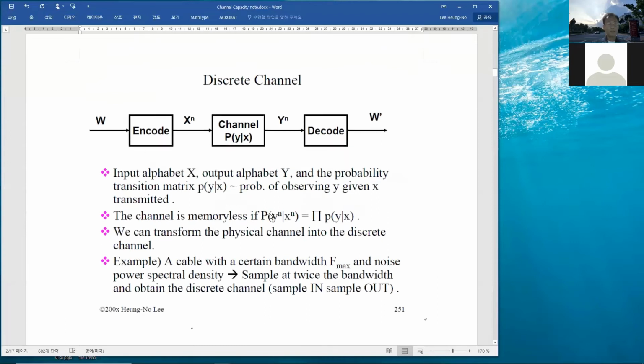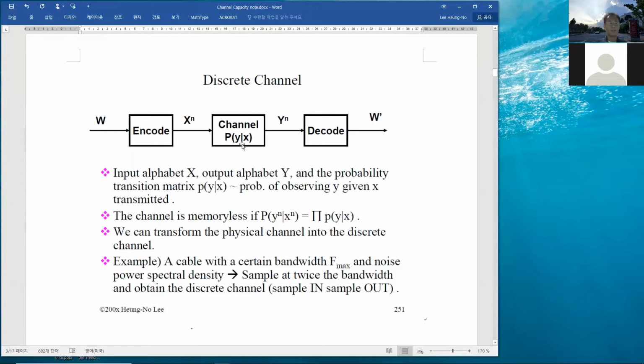Okay, so I talk about the discrete channel here. From a message set, you select a message, and in order to send this message, you need to do the encoding. When you do the encoding, you have a set of symbols that interfaces with this channel.